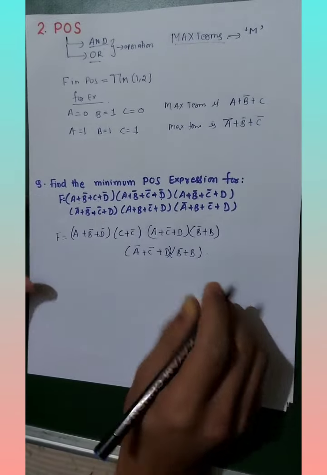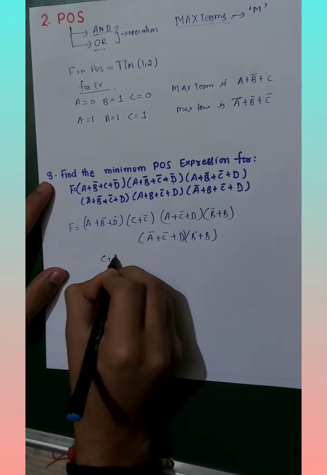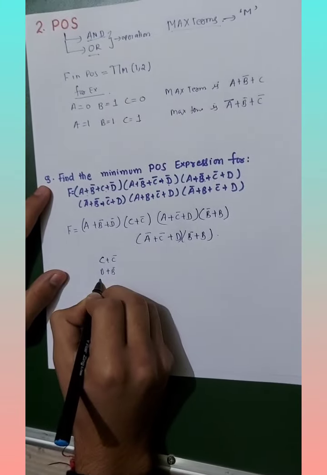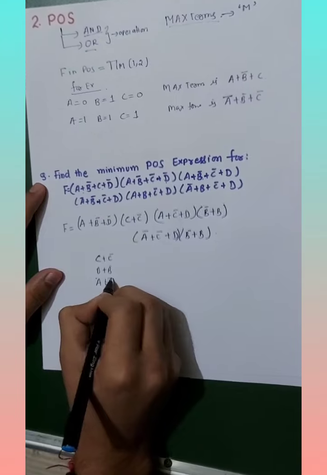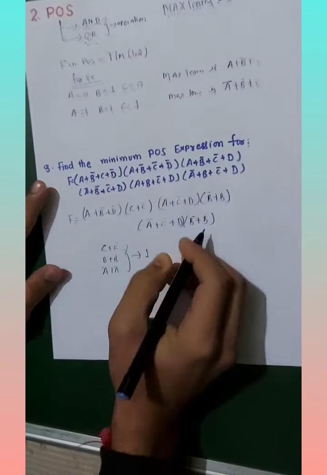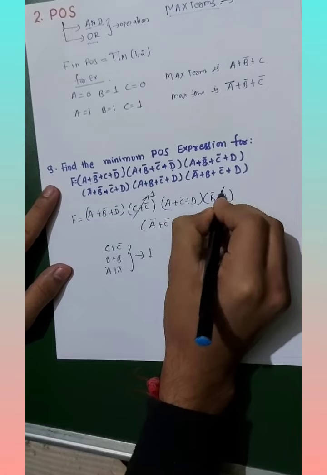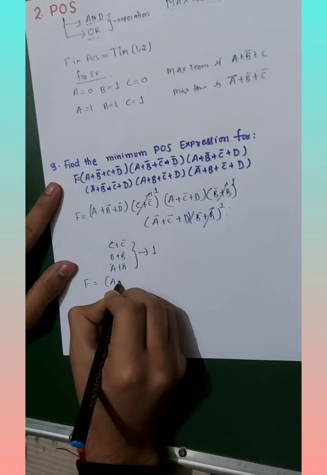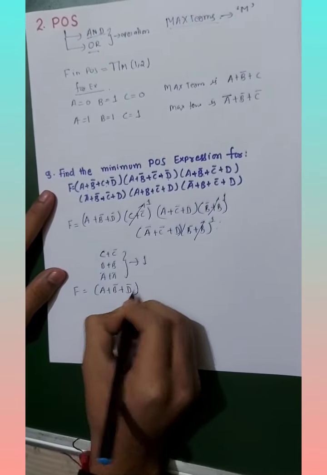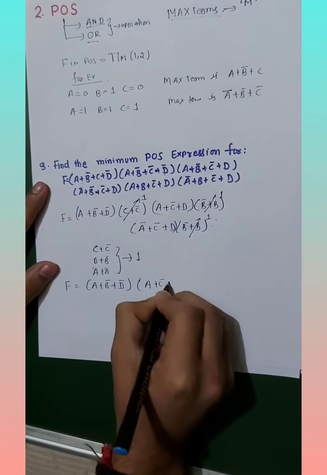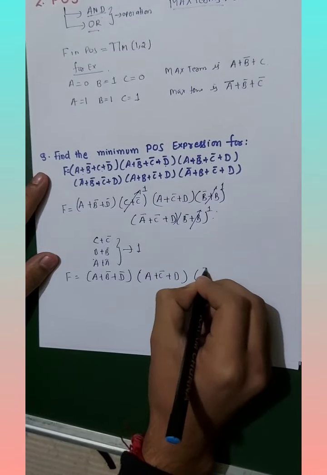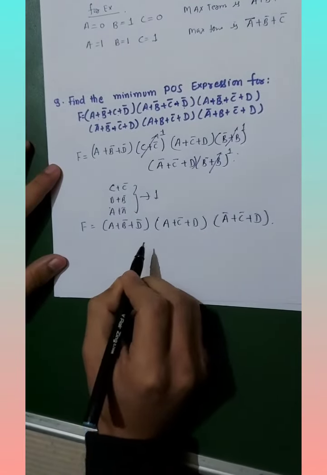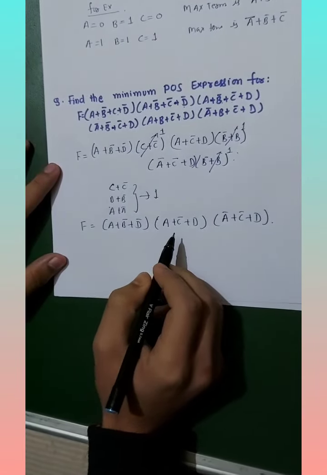Now in the last operation we see A bar plus C bar plus D and B bar plus B. We know that C plus C bar, B plus B bar and A plus A bar are all 1. So these terms go to 1. So the function is A plus B bar plus D bar, A bar plus C bar plus D, and A bar plus C bar plus D. Now once again we will see whether the function is minimized or not.